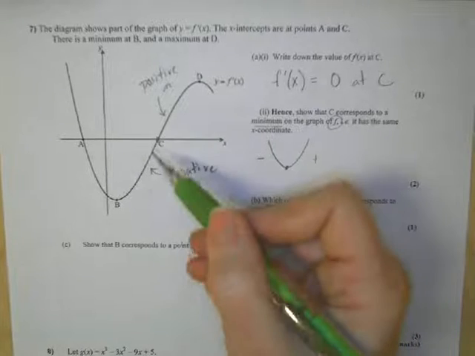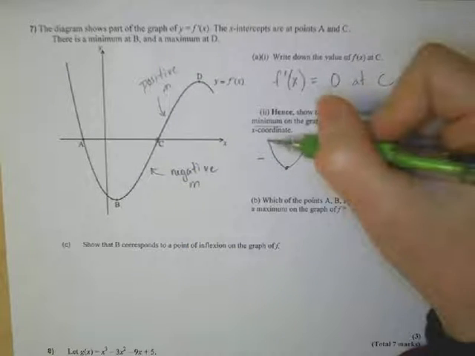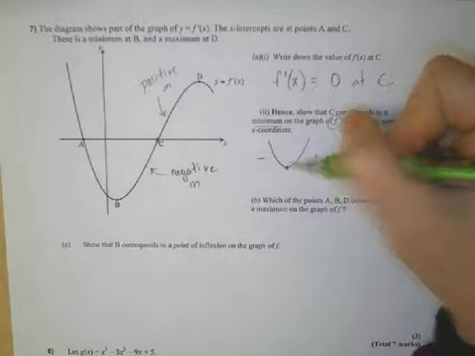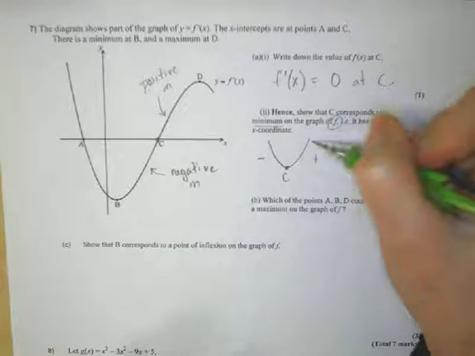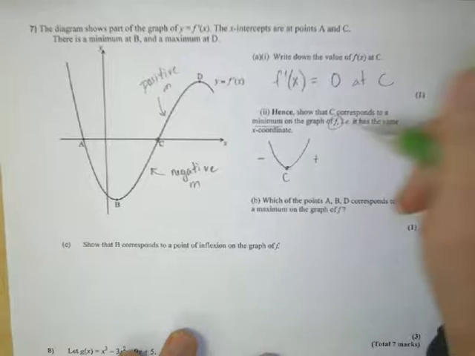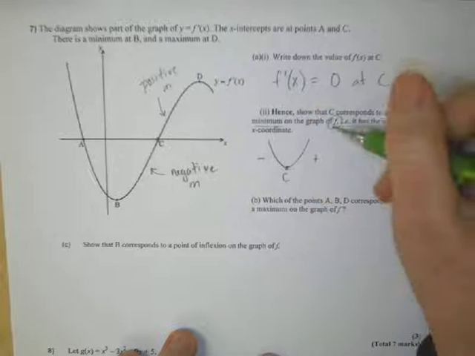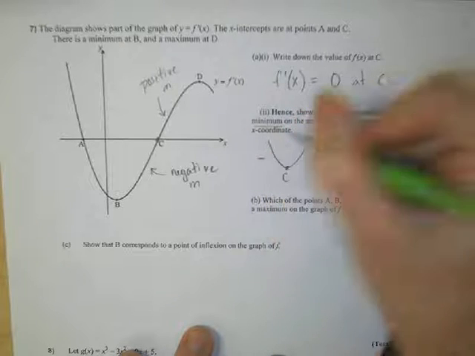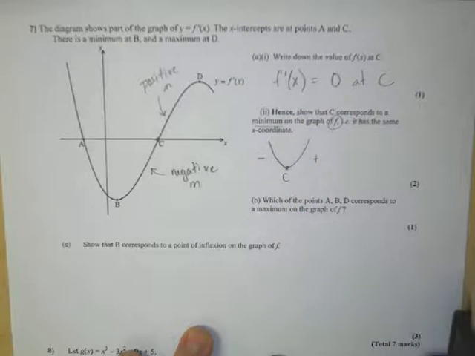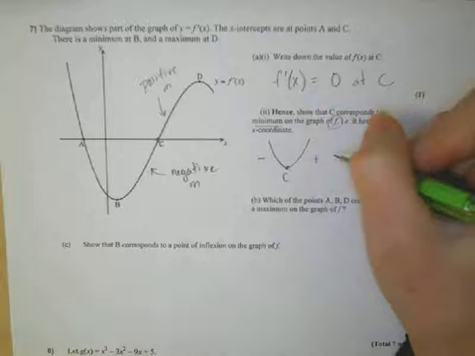So we know that the slope is negative, means it's coming down. We know it's 0 at c, and then we know that afterwards it has a positive slope. Therefore, c must be a minimum. Okay, hence show that c corresponds to a minimum on the graph of f. It has the same x coordinate, okay, because it's a negative slope going into a positive slope. Okay, so that's kind of that.